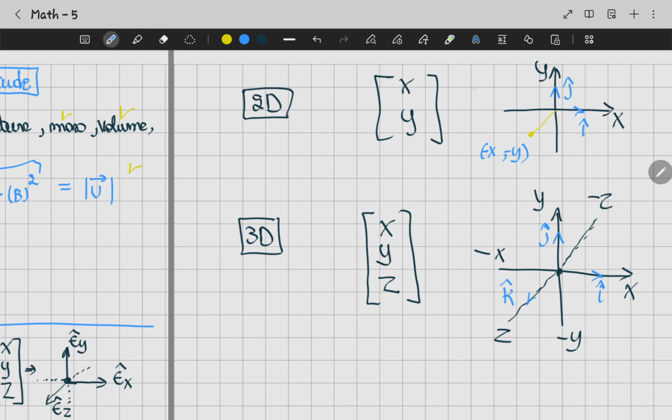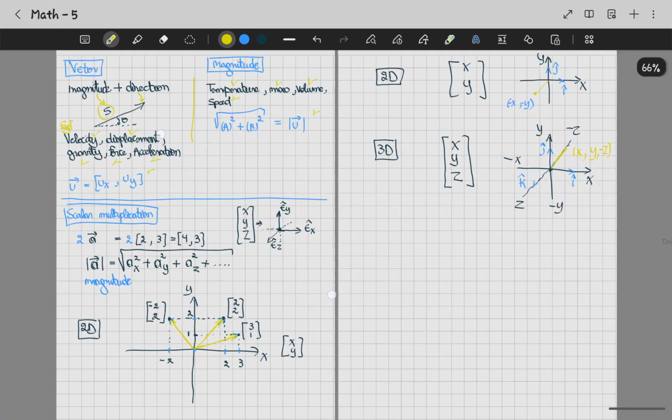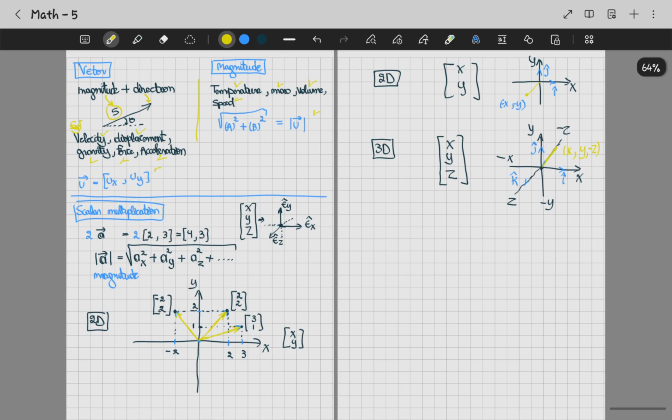And in this 3D graph, if we have to represent this point here, we'll have x, y, and negative z. Okay, so this is what you see. That's what I was trying to give you as an idea, and this is a summary of what we just covered.